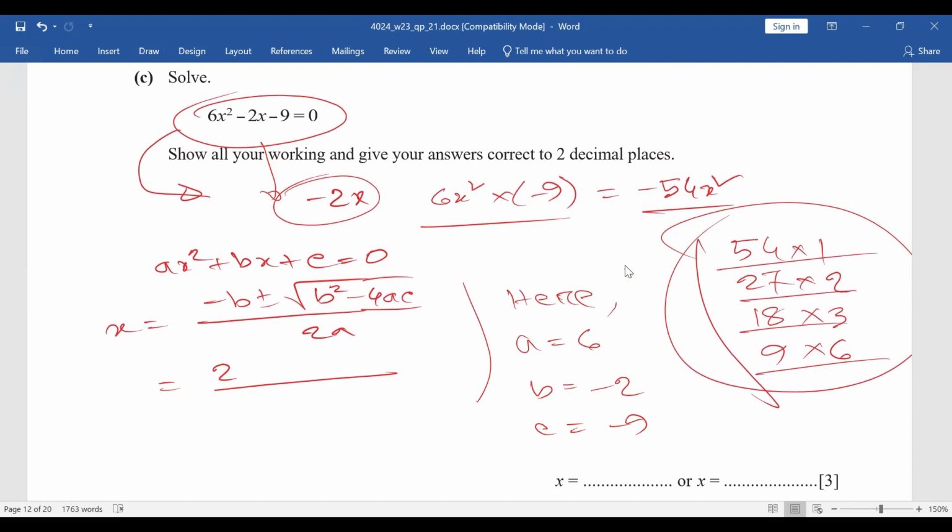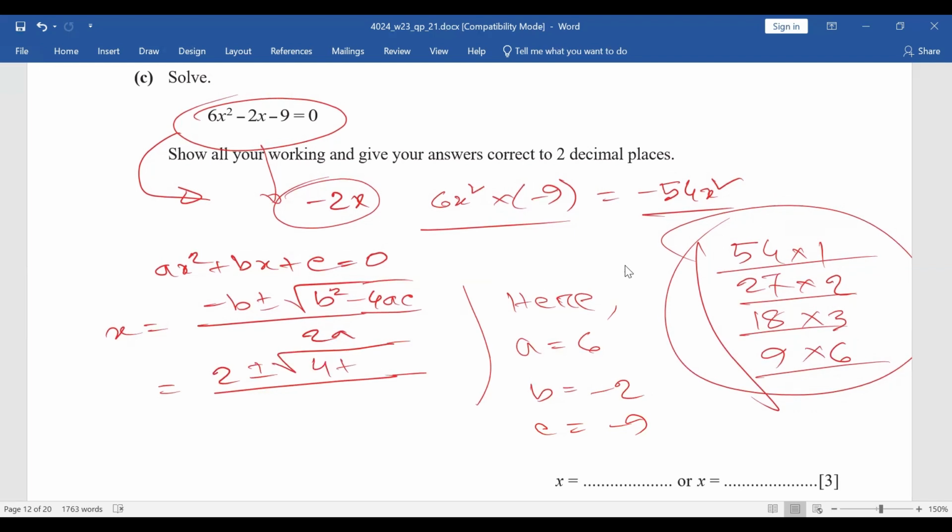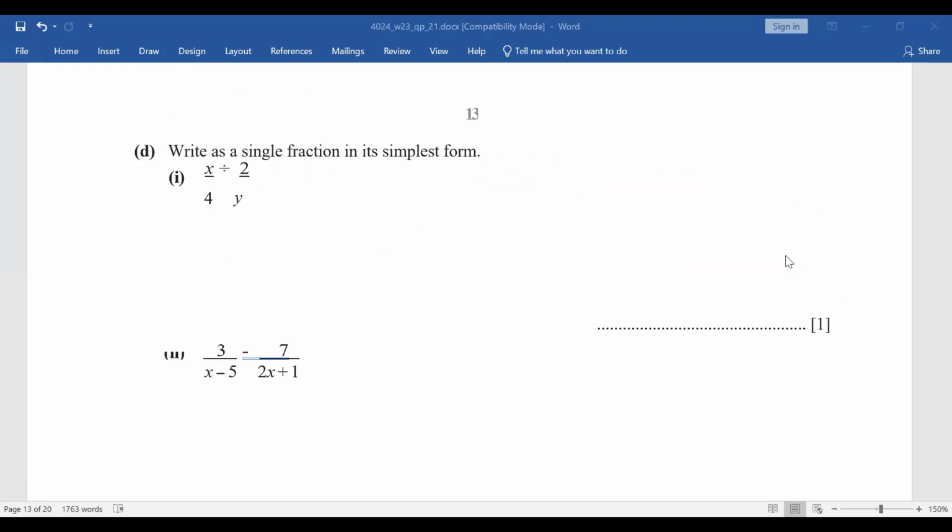Minus b will be positive 2 plus or minus root over b squared, 4, minus minus plus 4ac, 4 times 6 times 9, divided by twice a, 2 times 6. So if we take the positive value, then we'll get 1.4. And if we take the negative value, we'll get minus 1.07.